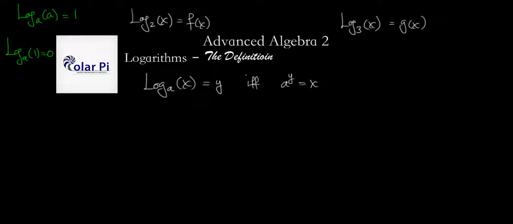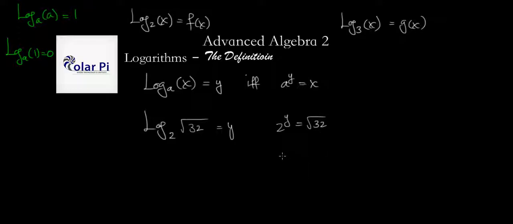Let's do one harder one. Log base 2 of root 32. I guess this is equally easy. We'd say that this is y, and 2 to the y is equal to root 32.